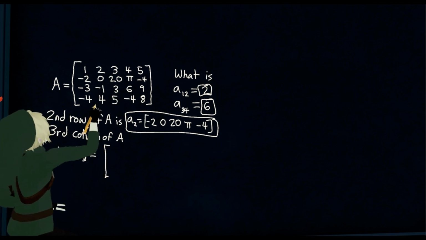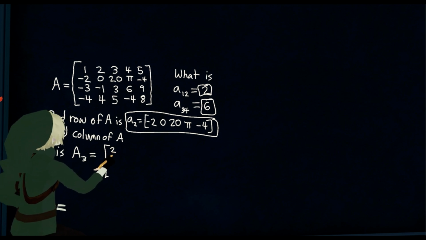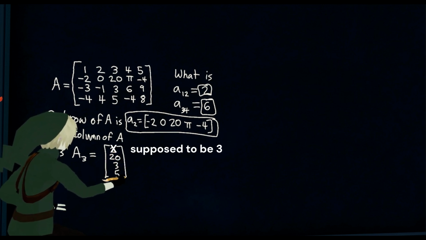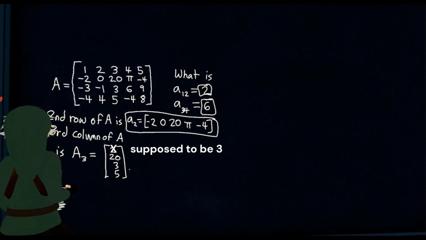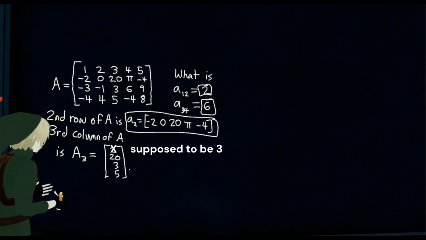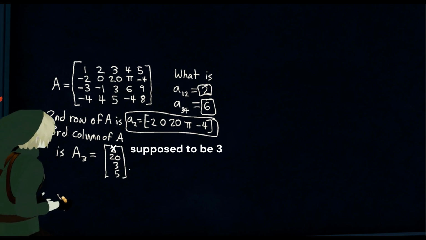A3, the third column, is 2, 20, 3, and 5. So the third column of A is A3, this. Okay, this is our third column of A.